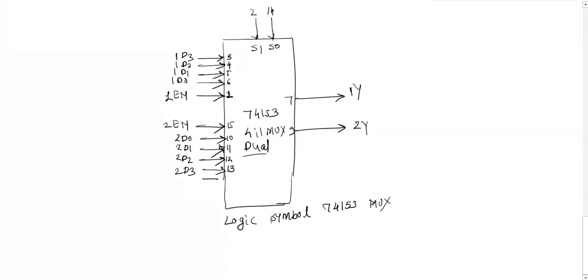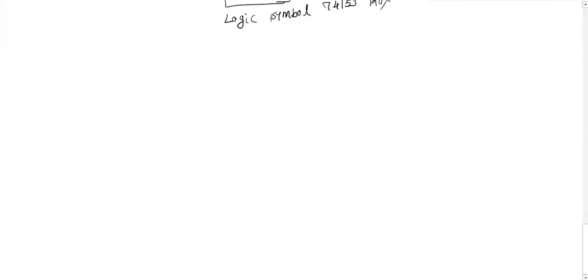Now we'll see the truth table for the 74153, which is a dual 4:1 multiplexer. The inputs given to the 74153 are the enable inputs and the select line inputs.